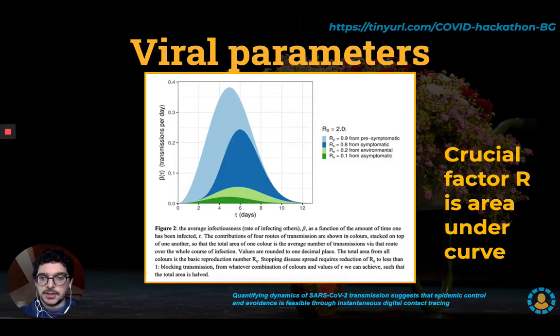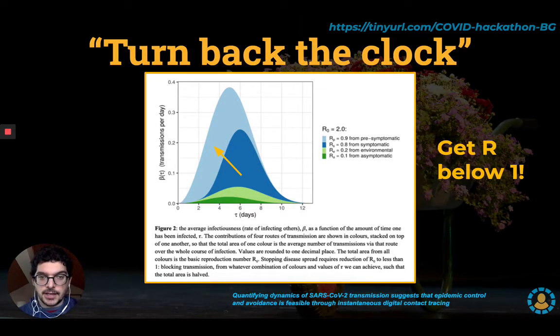So what could be done here? Well, what could be done here is to use those dark blue symptomatic areas as sensors, as detectors for the light blue. Right? So we could go back in time, in a sense, and turn back the clock on the infection. So think that, okay, now you're showing symptoms, you have been infected, you might have infected someone before you were symptomatic.